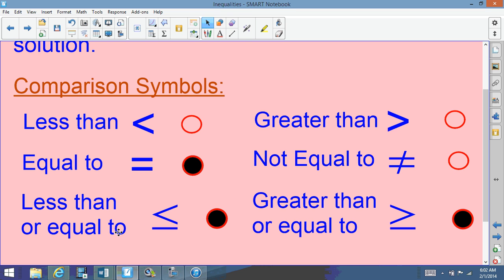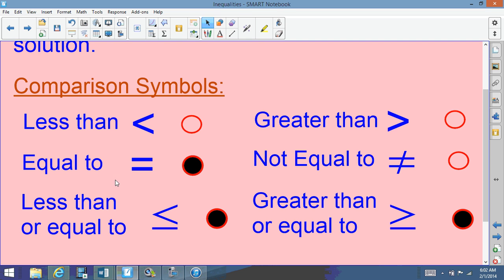Less than or equal to, notice it's the less than symbol with a line underneath it, which is coming from the equal sign, and the symbol for graphing is a closed-in circle, colored in. For greater than or equal to, it's the opposite direction, going to the right, and with a line underneath it as well, implying that it's equal to. And the graphing symbol is also a colored-in circle.